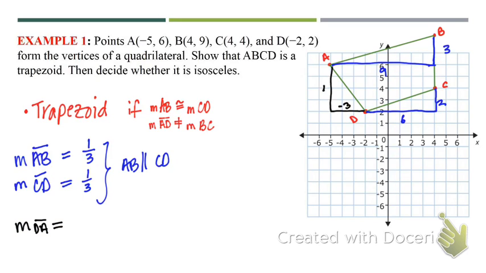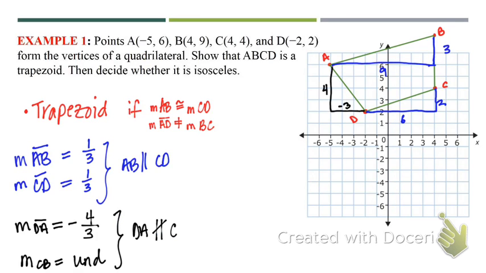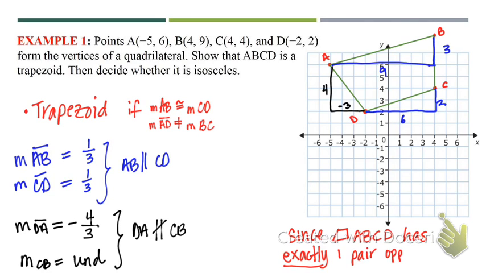To figure out if it's isosceles, we need to find the length of AD. We know AD and BC are not parallel. Since quadrilateral ABCD has exactly one pair of parallel sides, it's a trapezoid.